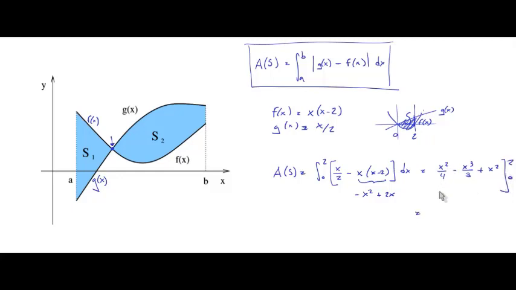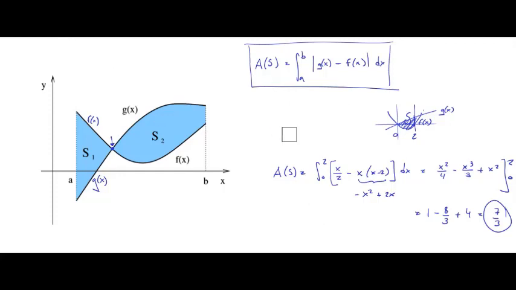So you have 2 squared over 4, which is 1, minus 8 thirds plus 4, and at 0 all of this is 0. So we have 3 thirds minus 8 thirds is minus 5 thirds, plus 12 thirds is 7 thirds. That's the area of that particular figure.